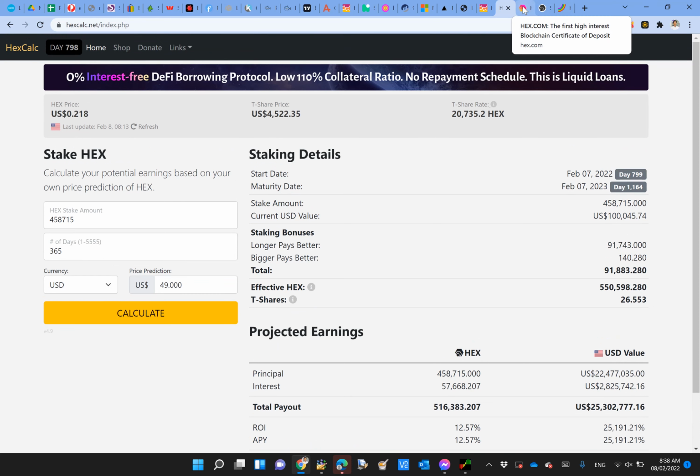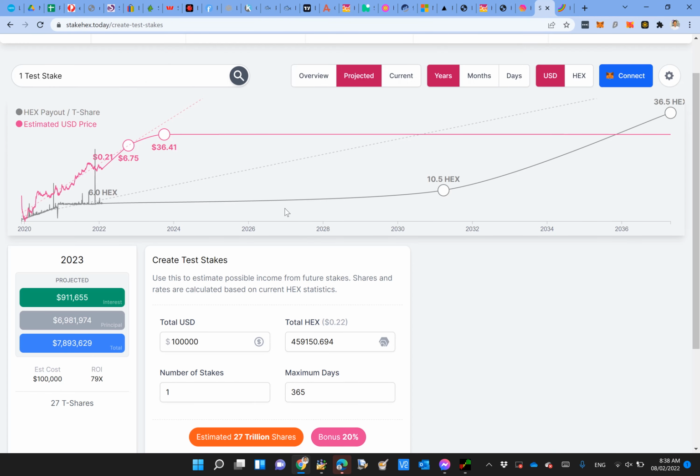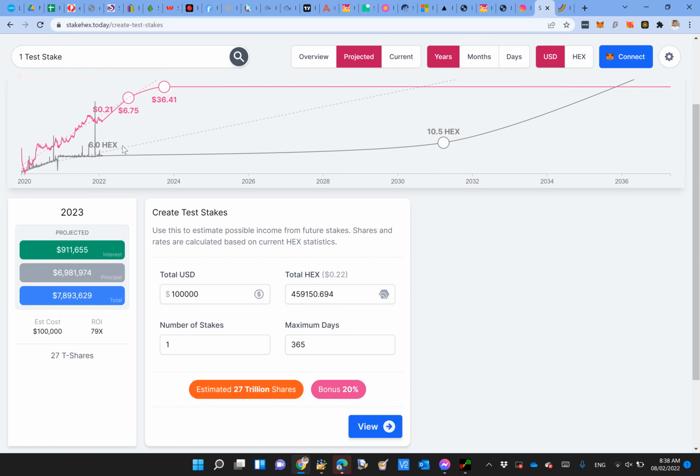The other cool site is this one here, where you can do a test stake: 100,000, one stake, click view, and you see your projected profit with the principal and your interest in 1 year. The projected price is what they're assuming.